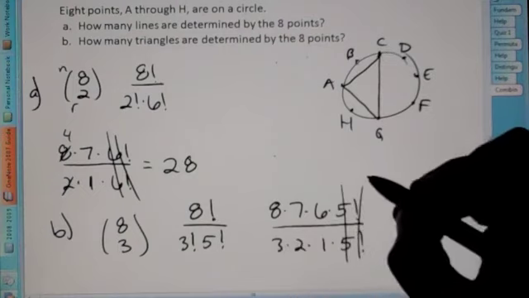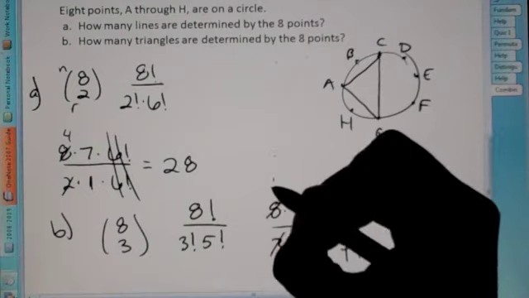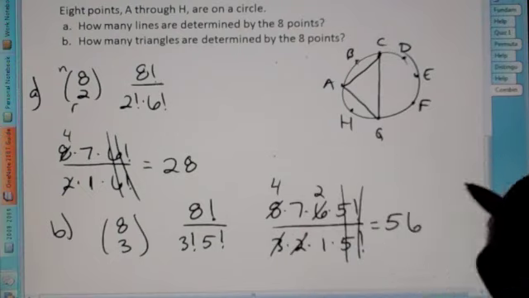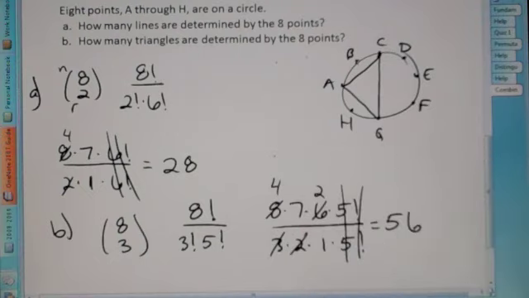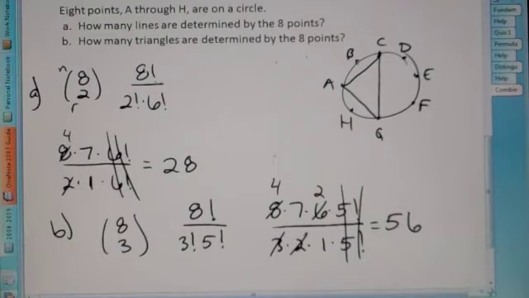These cross out. 3 goes into 6 twice. 2 goes into 8 4 times. So we have 8 times 7 is 56. So there's 56 triangles that you can create amongst these 8 points. Good luck with that. I hope it's making some sense.